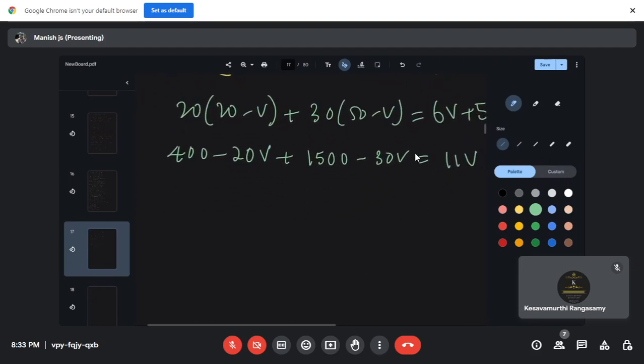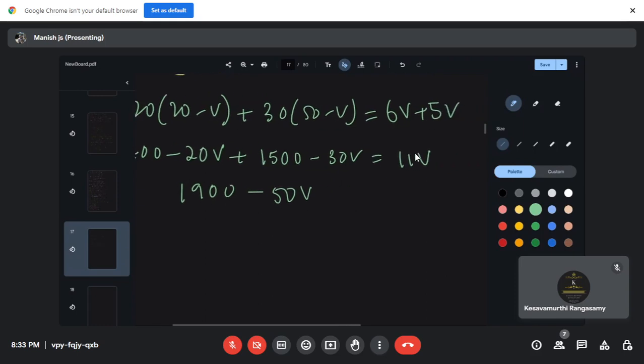Club all the V terms together and go for a simplification. So 400 plus 1500 is 1900, minus 30 minus 20 is minus 50V, is equal to 11V.